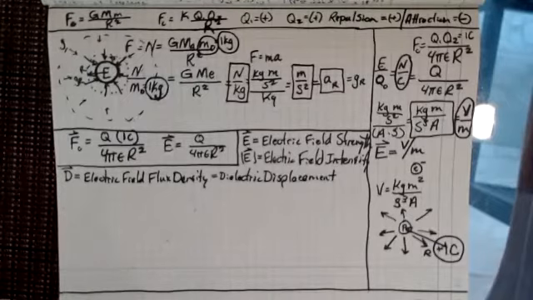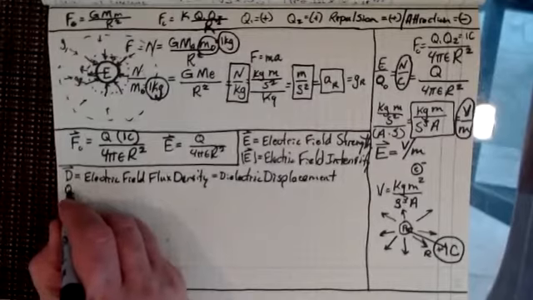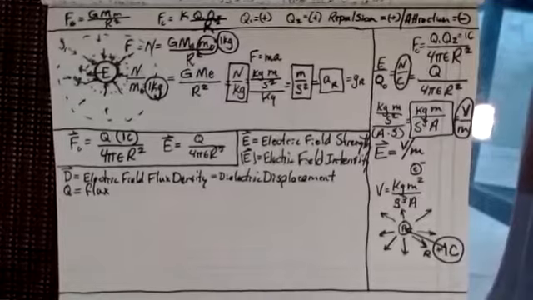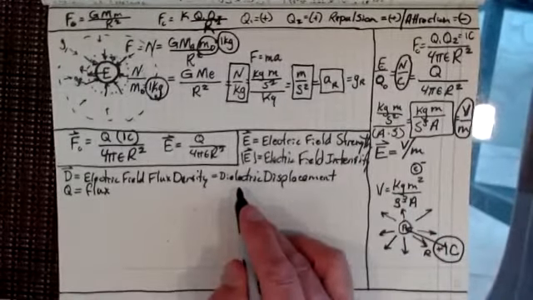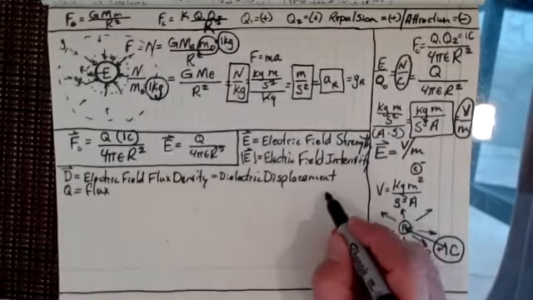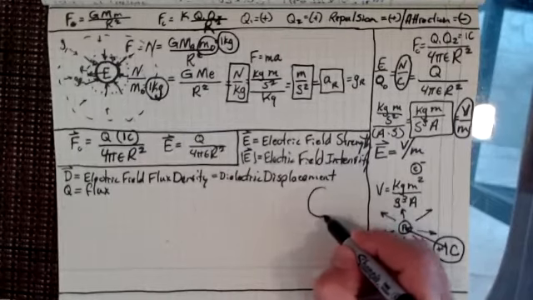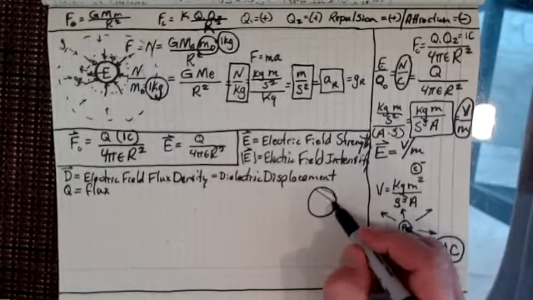Now we're talking about electric field flux density, so that means that we're also talking about electric field flux. Well, I'll tell you what flux is. The flux for an electric field is charge, right? And so you're probably saying, well, okay, electric field flux density. When we say electric field flux density, what we're really talking about is, let's say that I've got a piece of wire here, and it's got a cross section.